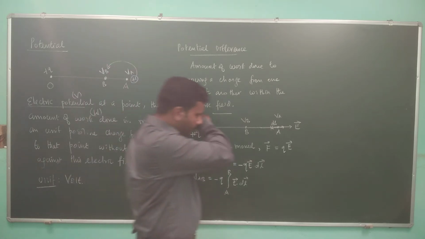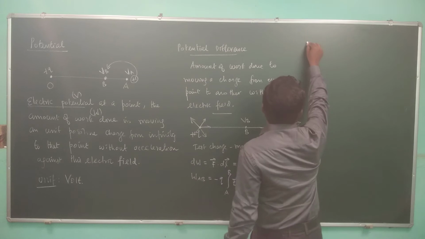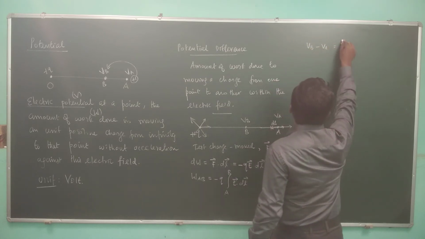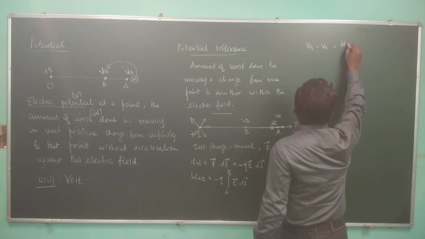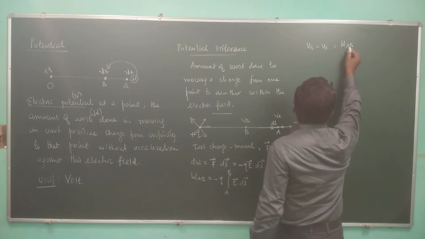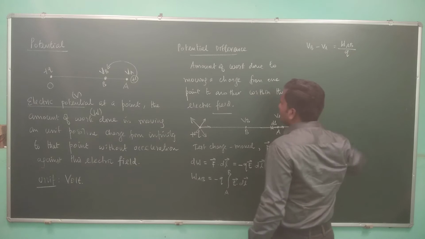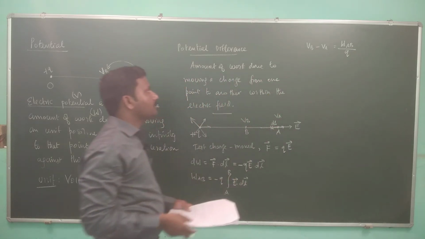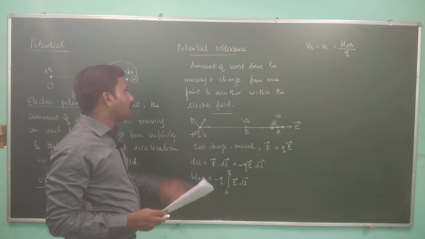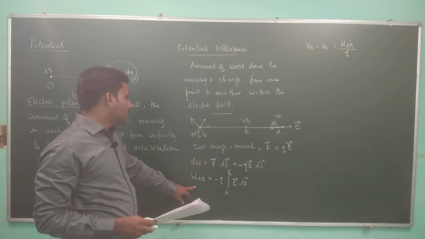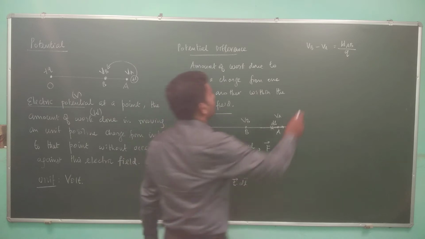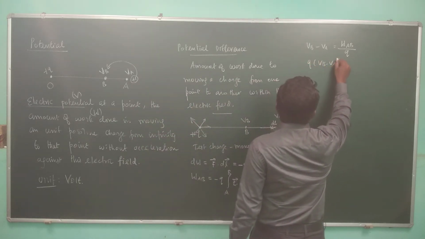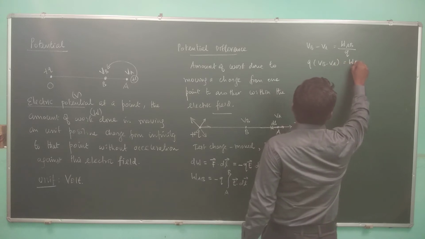So the potential difference VB minus VA can be written as the work done to bring the test charge from A to B divided by the charge Q. So this is the relation in terms of work done. Now we can write Q times VB minus VA, which is equal to work done.